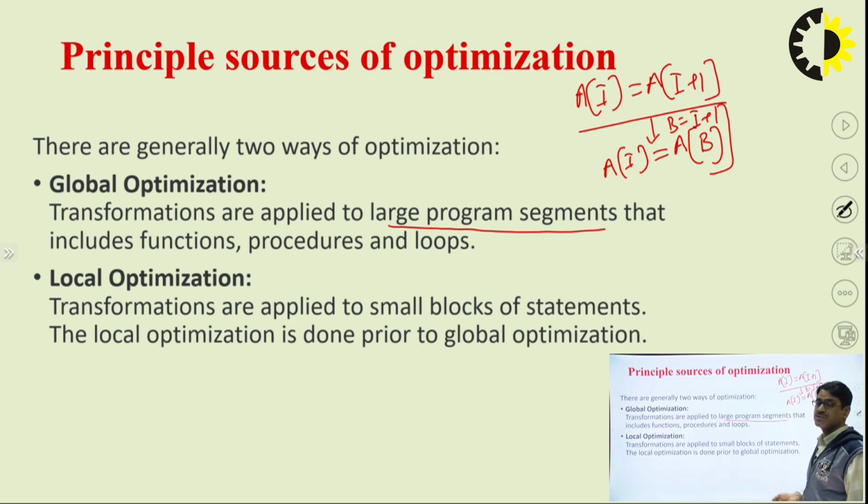Then loop optimization, which is a major part where the 90-10 rule is applied. Ninety percent of the effort is put into the 10 percent of the program that is loops.